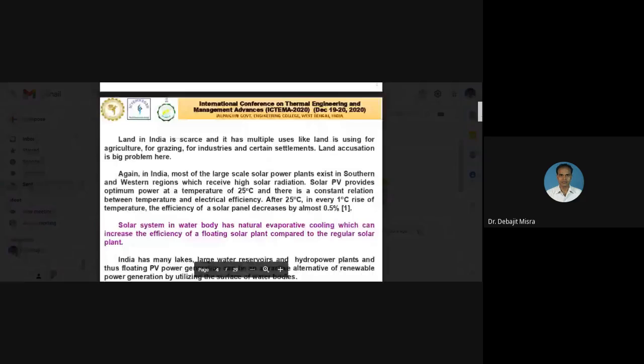So the temperature there is always around 35 to 40 degrees centigrade. From the literature, we know that optimum solar power is generated at a temperature of 25 degrees centigrade. After 25 degrees centigrade, if temperature increases, there is a drop in the electrical efficiency of the panel by 0.5%.